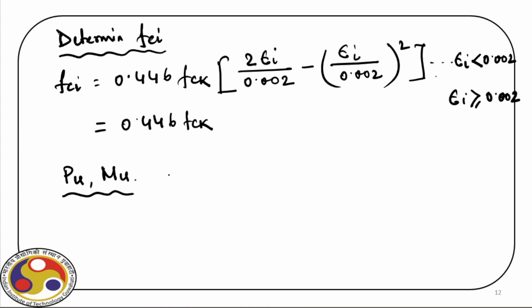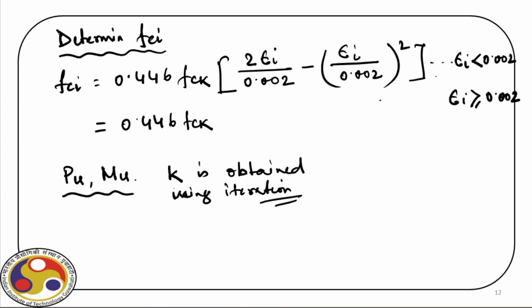Remember, the location of the neutral axis, k, is obtained iteratively. At the beginning we don't know the location of the neutral axis, so we start with some assumption and then we iterate, and once the iteration converges, we evaluate Pu and Mu.